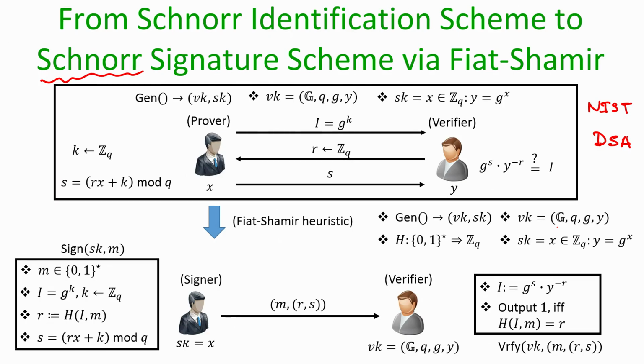It is a well known standard which we use in practice, and if the underlying group which we use in this DSA algorithm is the group based on the points on elliptic curves modulo a prime, then the instantiation of DSA is called ECDSA, elliptic curve digital signature algorithm, and this is a very popularly used digital signature algorithm used in several real world applications.